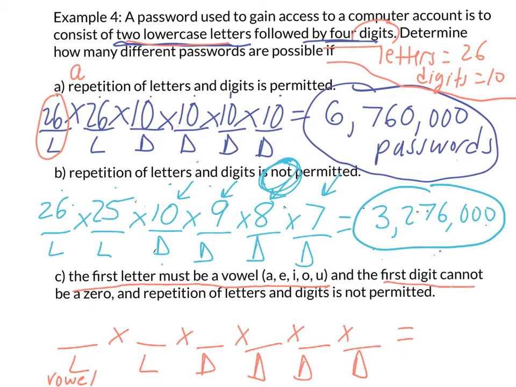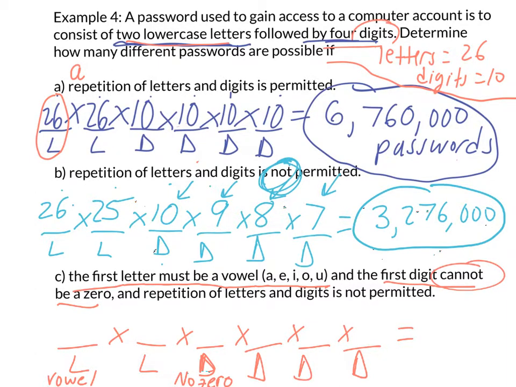And the first digit cannot be a 0. So here's the first digit. Let me write no 0 on it. I'm going to write the word zero because it's going to be too confusing, since I'm going to have numbers above the underline in a second.